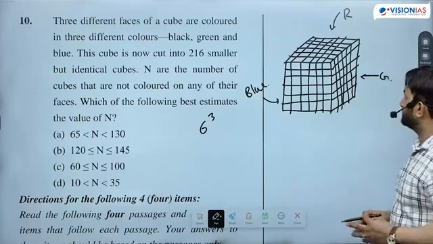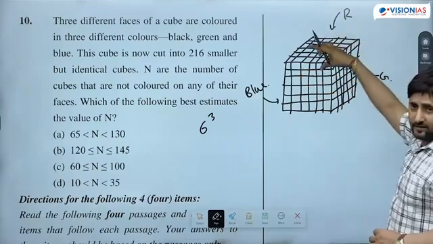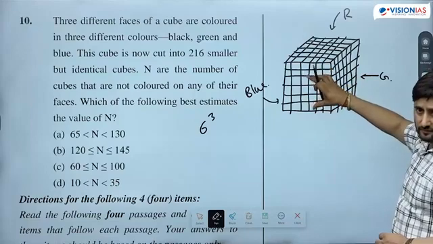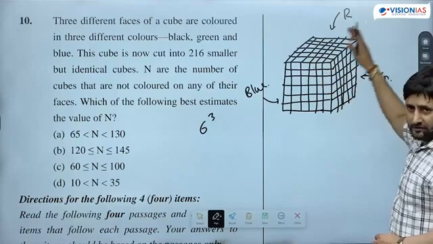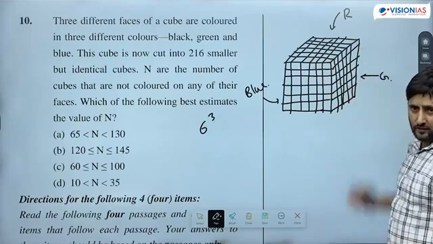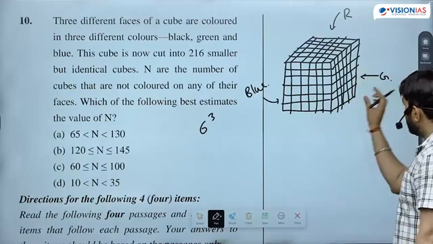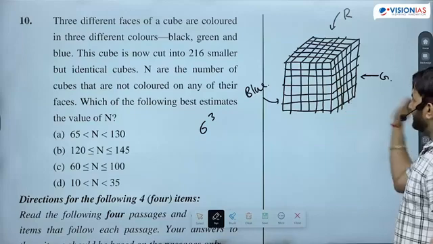So let's do one thing, children: remove the top layer, because the top layer has red color. So how much height will be left? There are 6 layers, and with the top layer removed, how many layers are left? 5 layers. The right hand layer has all pieces green color, so we will remove this layer too.